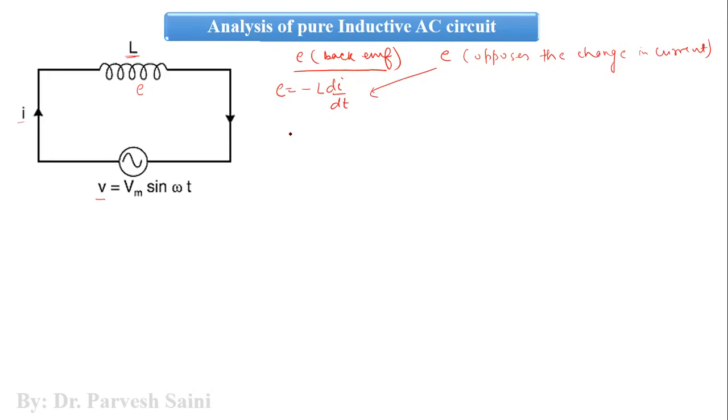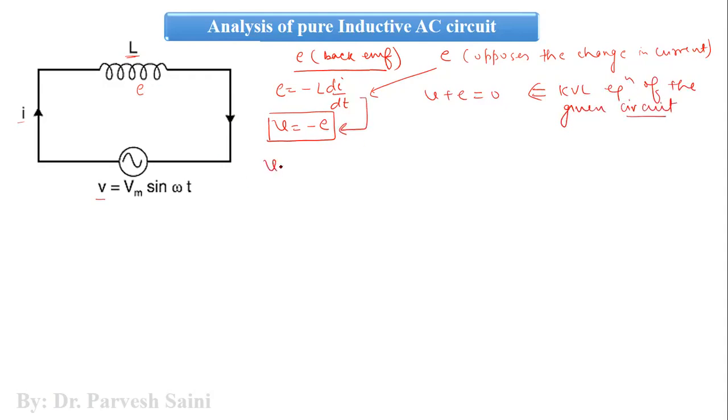Now, if you apply KVL in this particular circuit, you will get V is equal to minus E, or you can write V plus E is equal to 0. This is the KVL equation of the given circuit. So if you substitute it here, you will have V is equal to L di by dt.